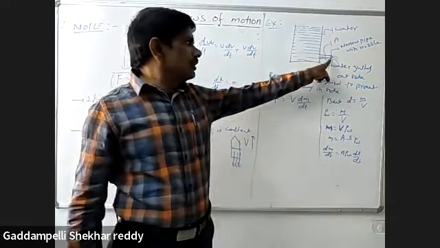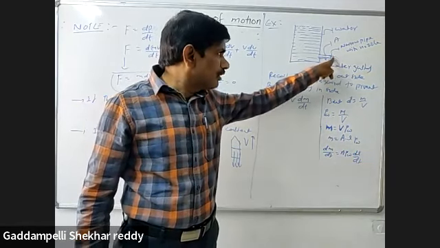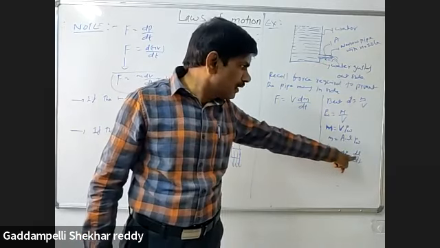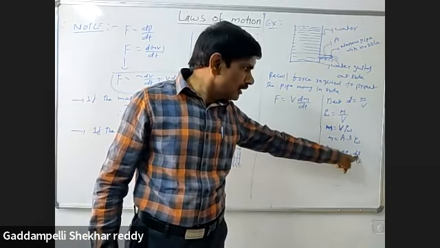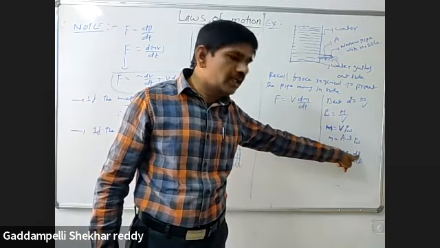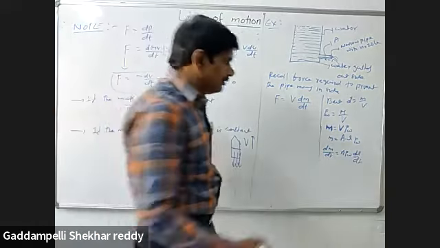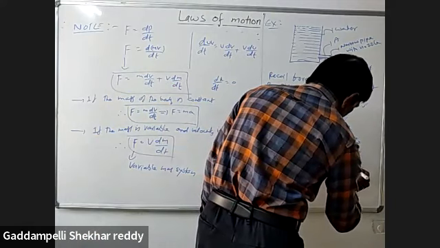Here dl is the displacement of the water coming out, and the rate of change of displacement is known as velocity. So finally, dm by dt is A rho water into velocity.